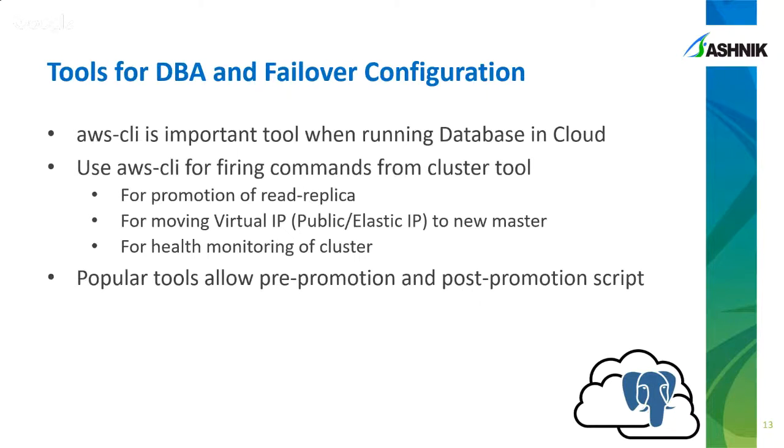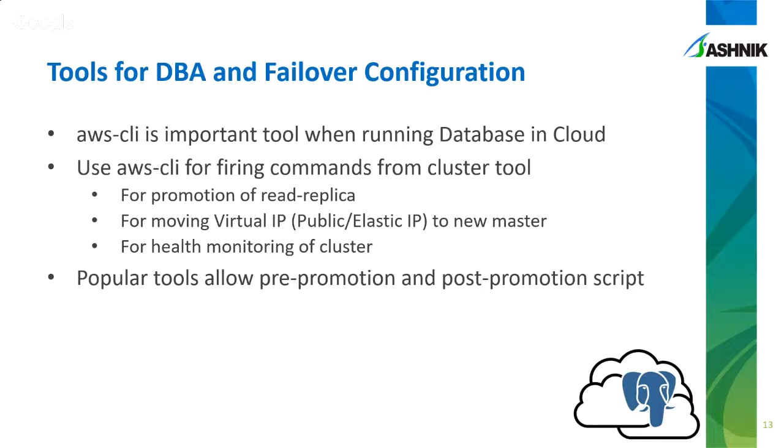Now let's look at how you can still achieve failovers, or how you can still do transparent failovers, and what configuration and tools can help you. AWS CLI is a tool which DBAs should be familiar with when they're running their database in the cloud.